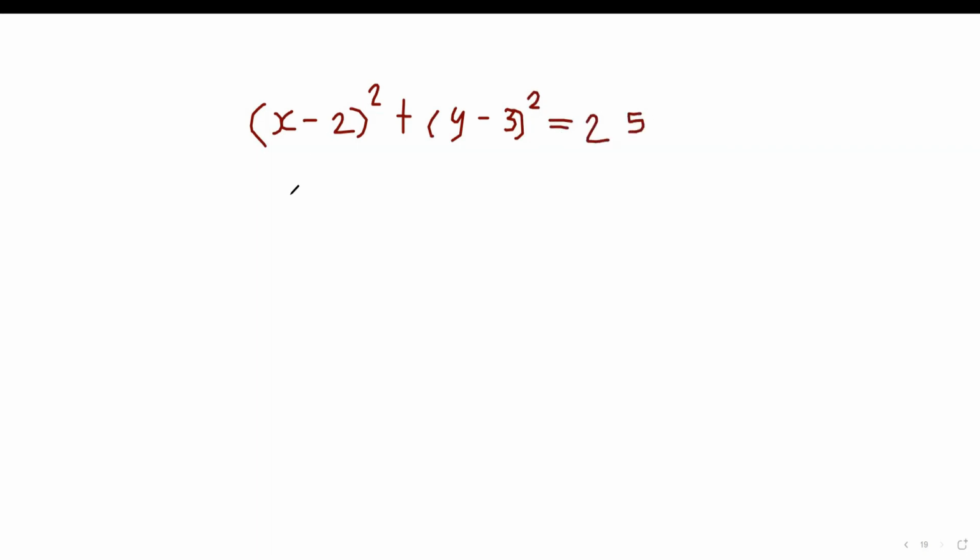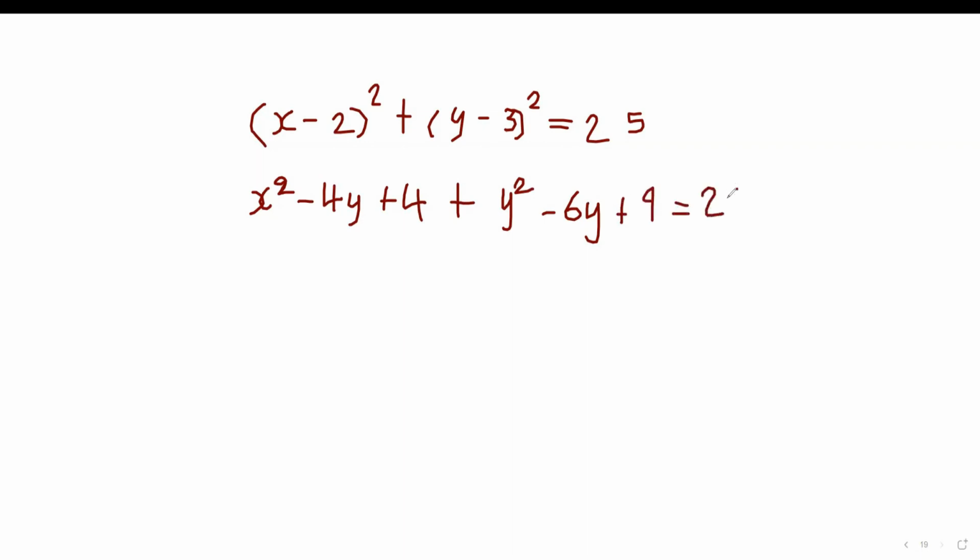If I were to expand this, I would get x squared minus 4y plus 4, plus y squared minus 6y, plus 9, equal to 25.